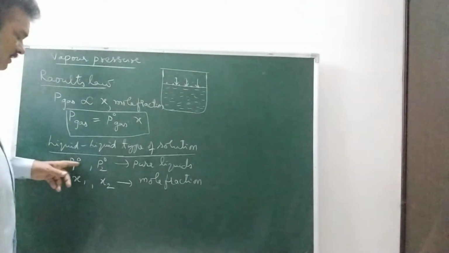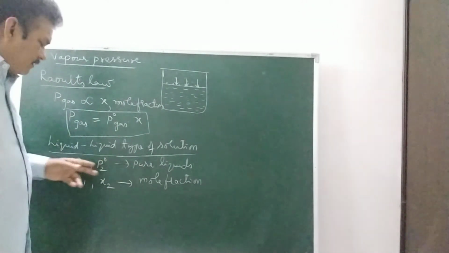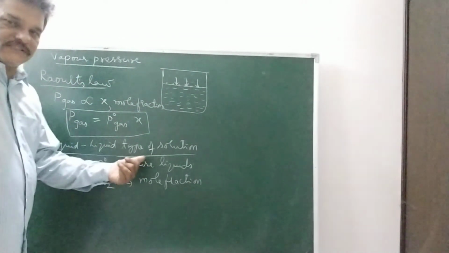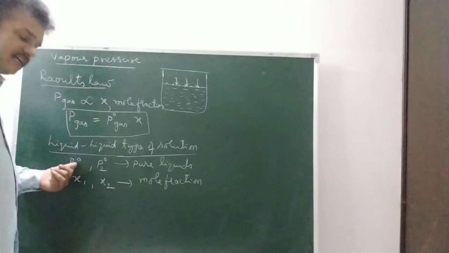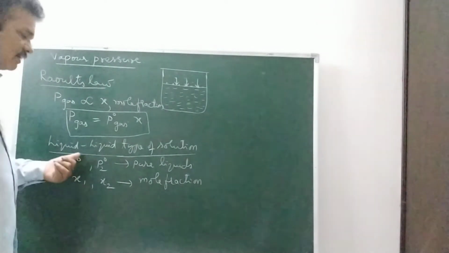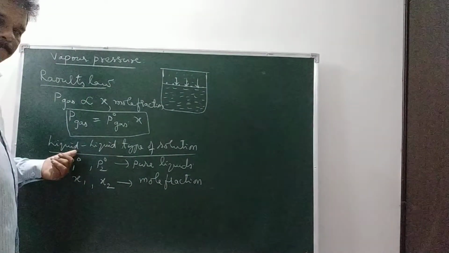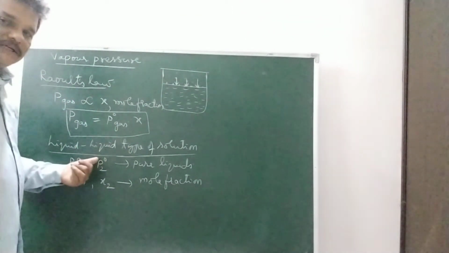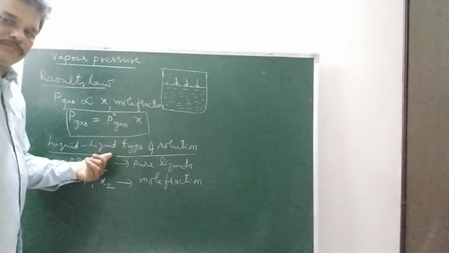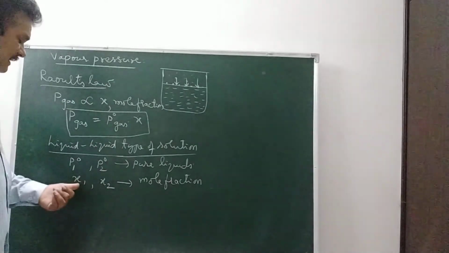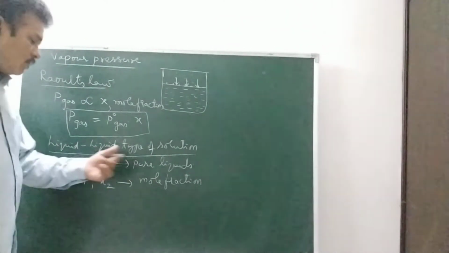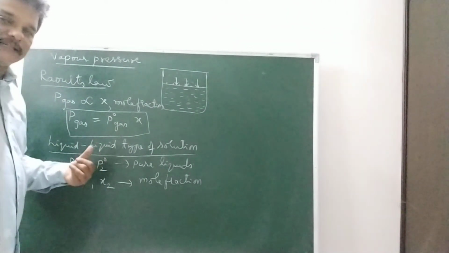If only the first liquid is taken, P1 naught will be its pressure, and P2 naught is the pressure of the pure second liquid. X1 and X2 are the mole fractions when they are mixed together.